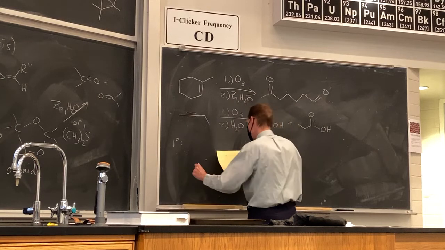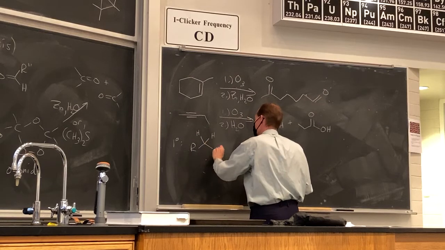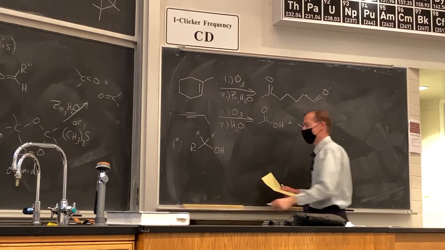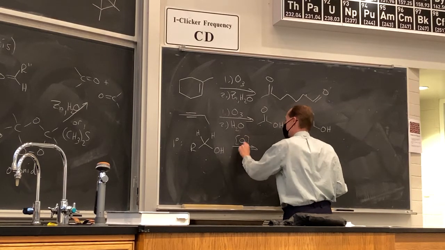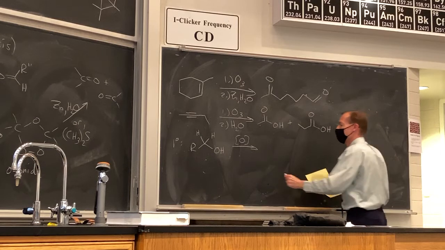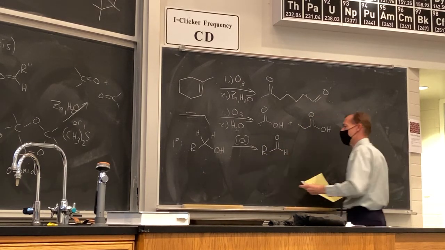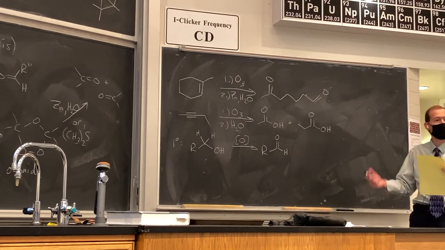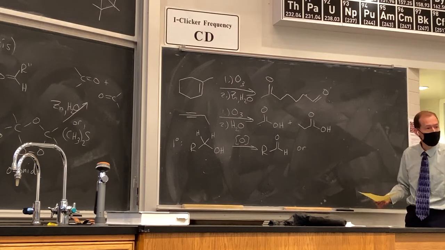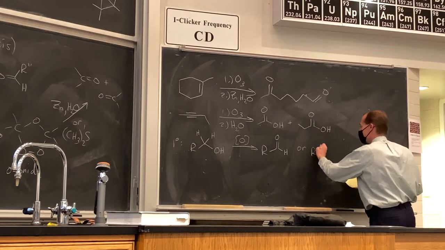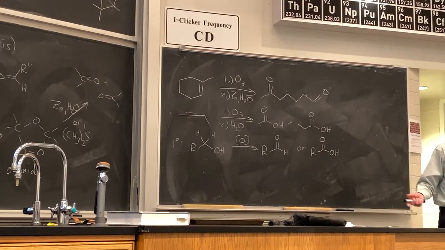So if we have a primary alcohol, we have 2 carbon-hydrogen bonds on the carbon that's bonded to the oxygen. And here's our shorthand notation for oxidation. So we could replace one of those carbon-hydrogen bonds with a carbon-oxygen bond. That would give us an aldehyde. Or we could replace both of those carbon-hydrogen bonds with carbon-oxygen bonds. And that would give us a carboxylic acid.